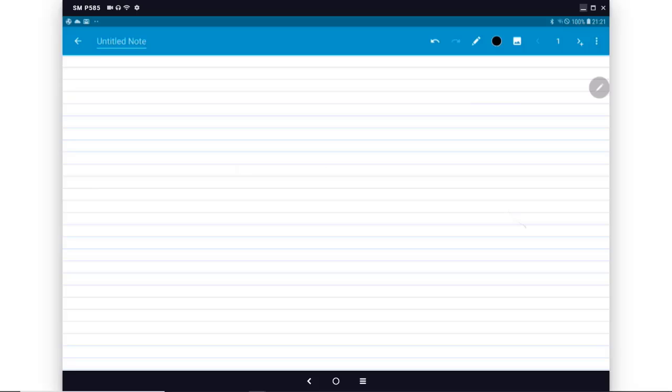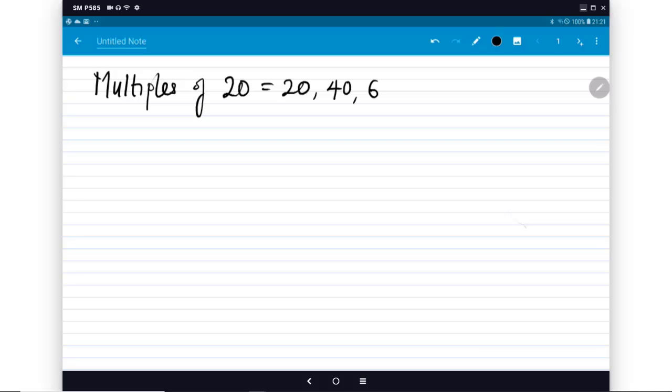For instance, multiples of 20 are 20, 40, 60, 80, 100, 120, 140, and so on.